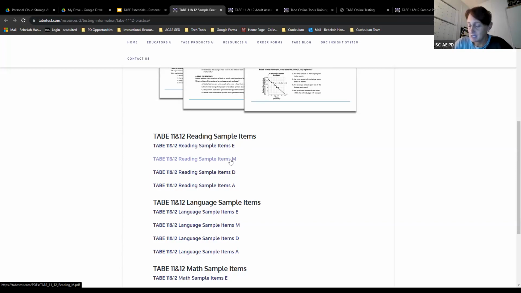Maybe they just didn't have a good test day. Maybe they blew the test off. So there are things we have to monitor in our own classrooms, but that's what the assessment tells us, that their elementary reading or math skills are pretty low. So again, that's what these levels mean, and the test will assign that. The student will take the locator test and it will assign them a book level that they go into.